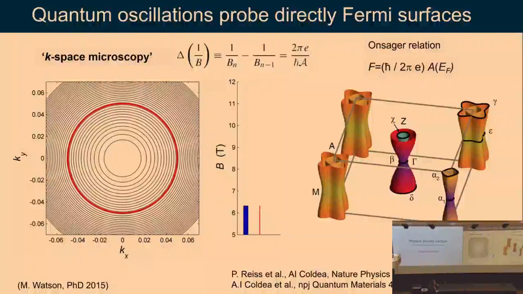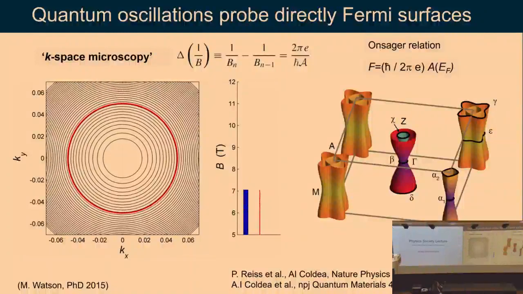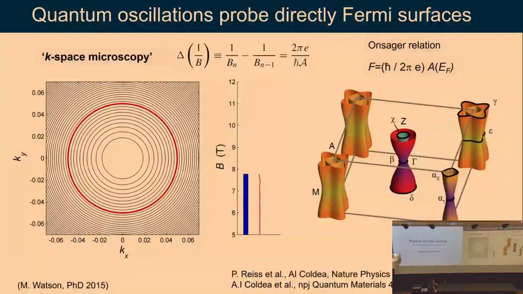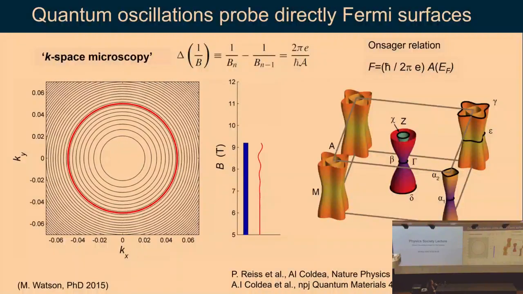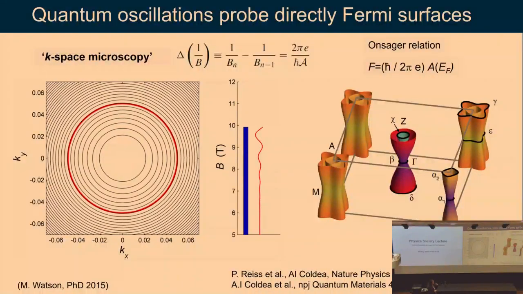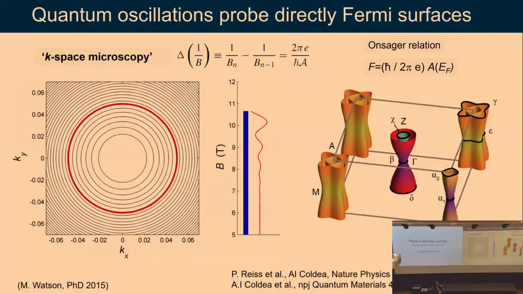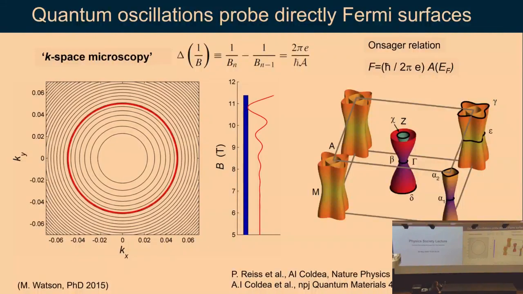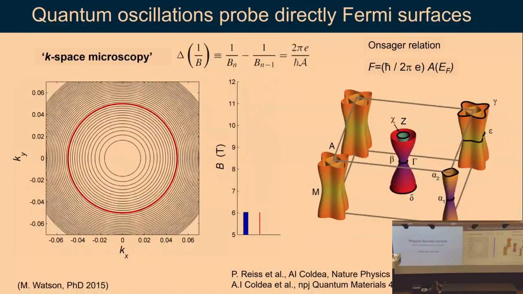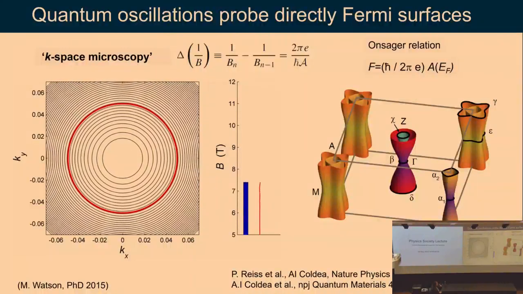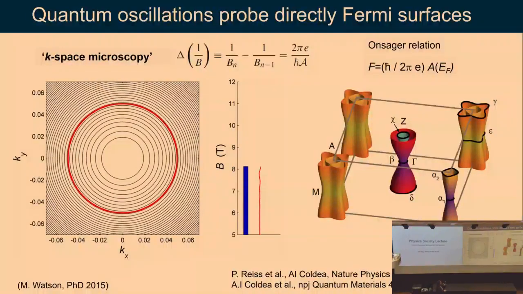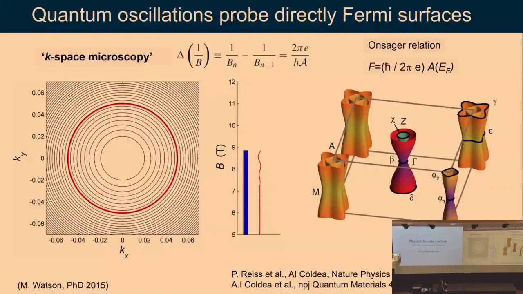So in this picture, I have, again, our multi-band Fermi surface. If my magnetic field is along the z direction, or k_z direction, then I would expect to have different cross-section areas. So I have a minimum and maximum for each cylinder. So let's say beta pocket, chi pocket, delta pocket.